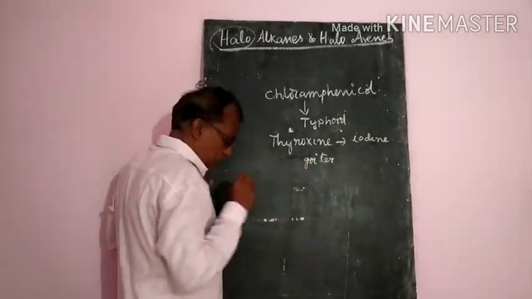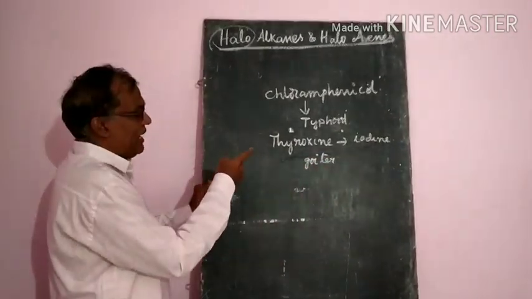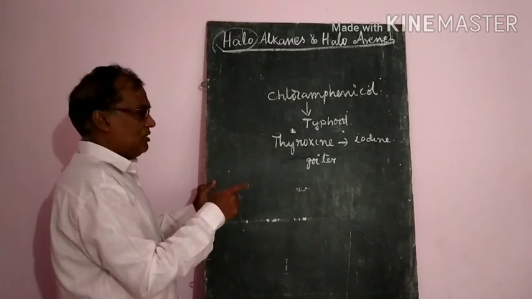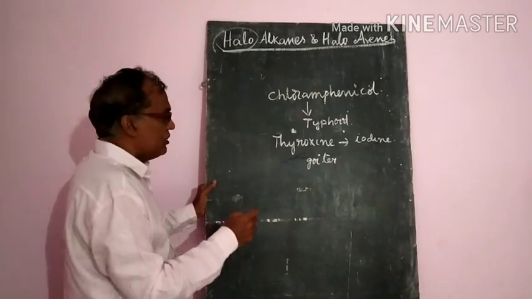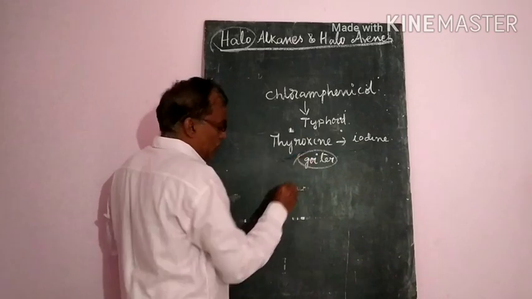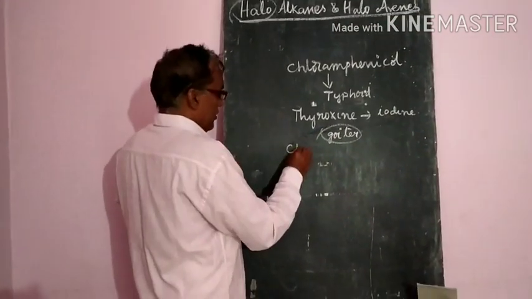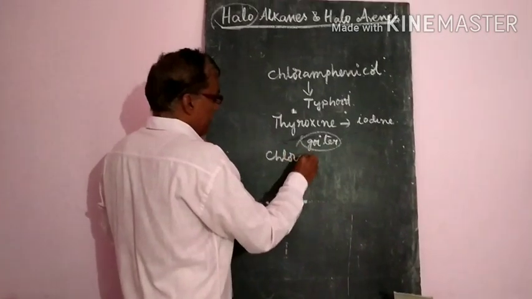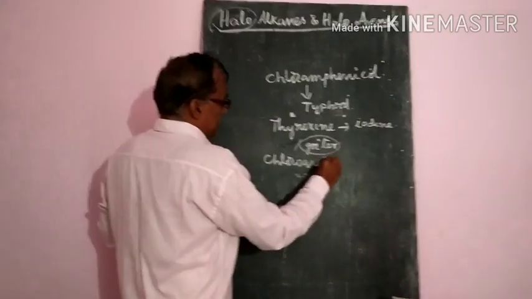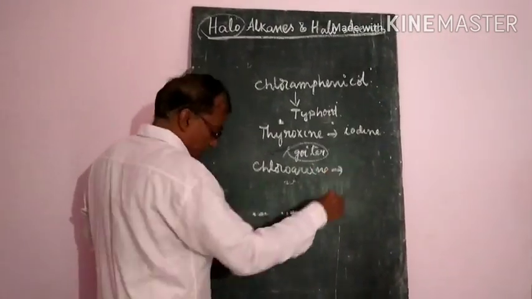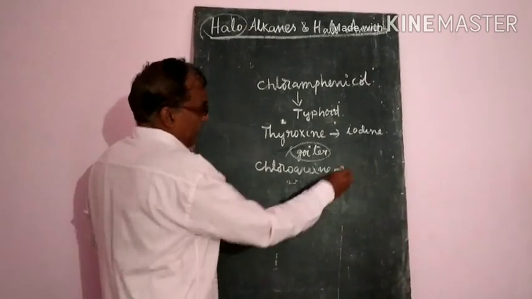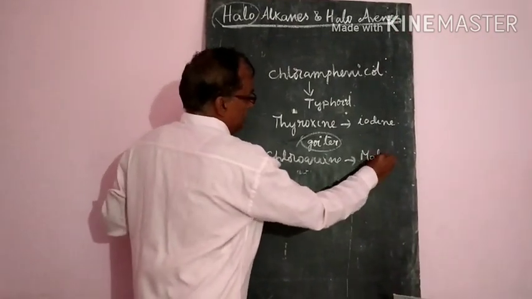To treat this, we add iodine to salt. That's why we use iodized salt for the treatment of goiter. Chloroquine is also there. These tablets we use to cure malaria.